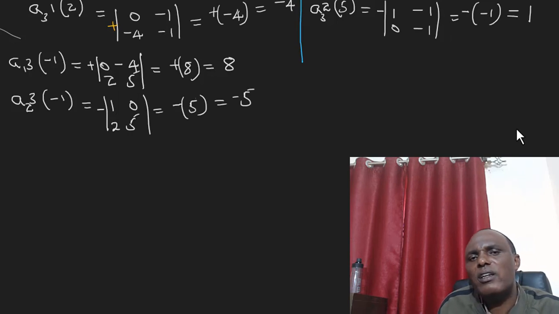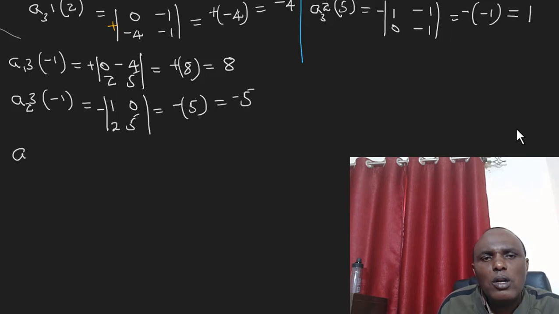We are at the final element, and our final element here is the element in row number 3 and column 3, and that element is 3. How do we get its cofactor? We remove the elements to get the minor of 3, which is 1, 0, 0, negative 4.